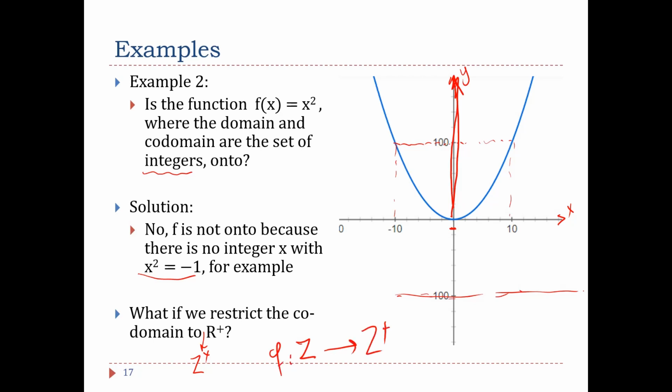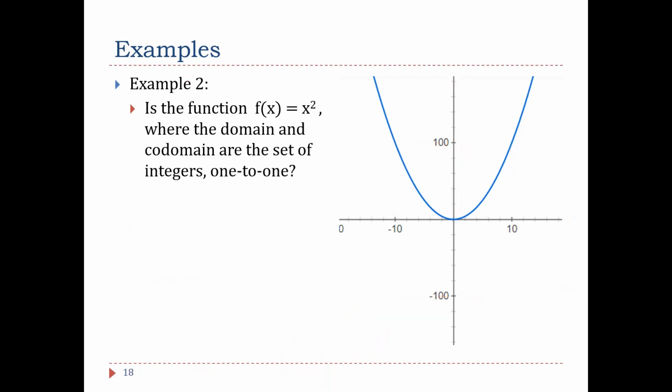Anyway, we cannot guarantee that it is a surjective function, because certain elements like 10, for example, or 99, don't have roots in Z, so they don't have pre-images. If we take it from R to Z plus, then it works. So it really depends on the case.